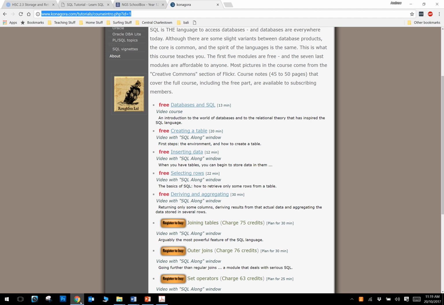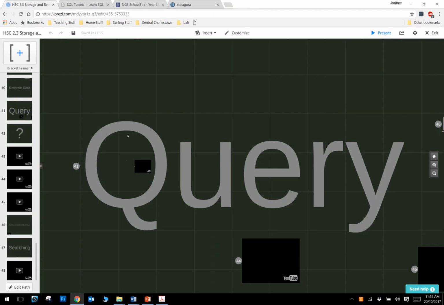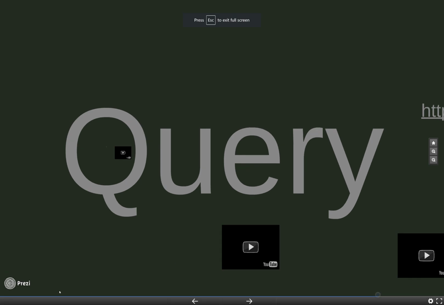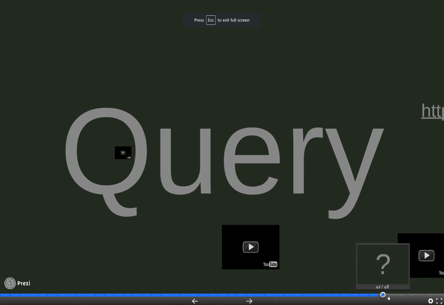On our Prezi, the last part of this is about searching. Searching is still part of what you do in a database, but in your textbook it talks about how a search engine works.